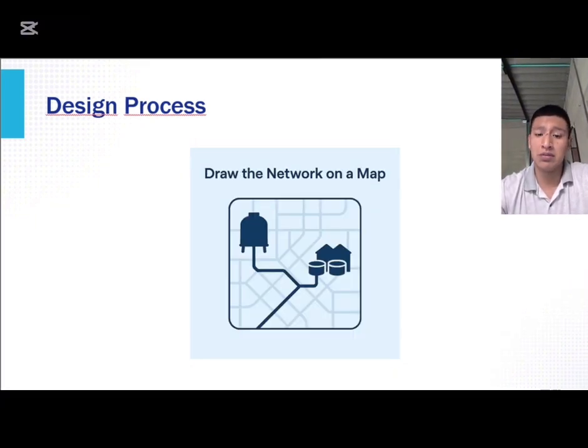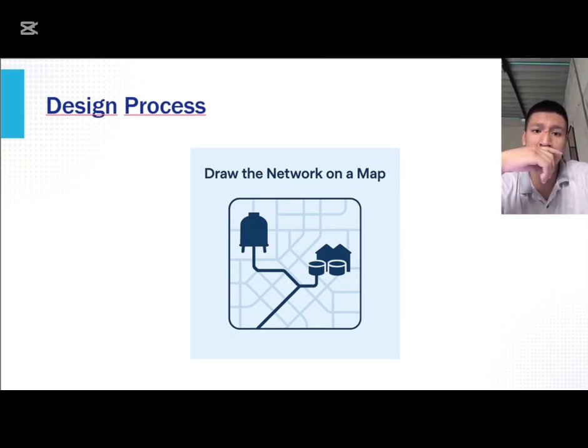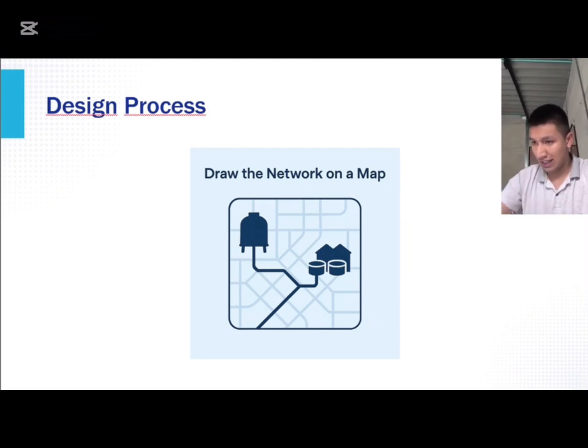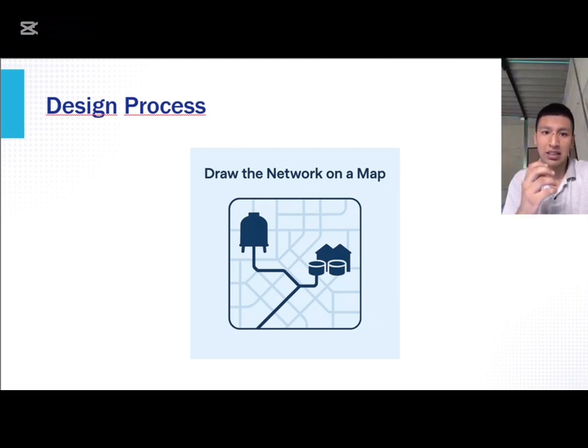The second step is to draw the network on a map. In this case, we create the layout of the pipes on the city map, connecting the tanks and the treatment plants to all the areas.